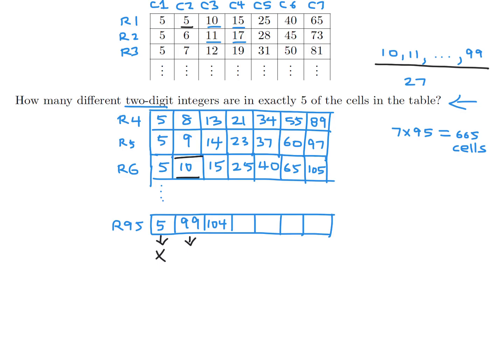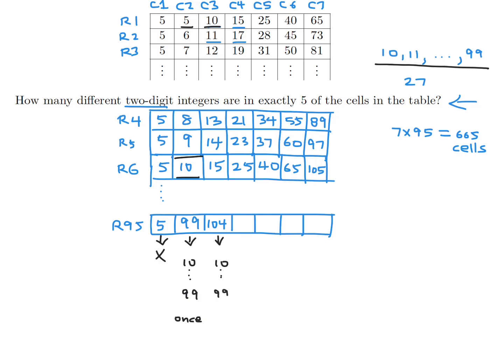So C2 looks like all the numbers from 10 to 99 will appear once. So let me put that in there once. C3, again, starts with the 10 and goes all the way up to 104, but we don't want 104 because 104 is a 3-digit number. We are just interested in the 2 digits. So again, 10 to 99 will be there.